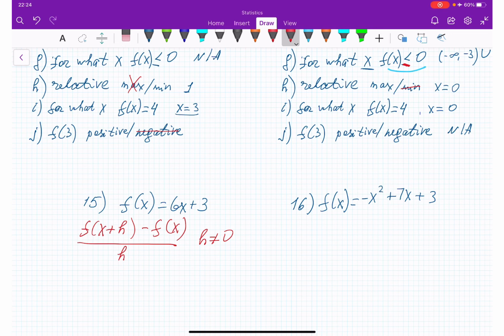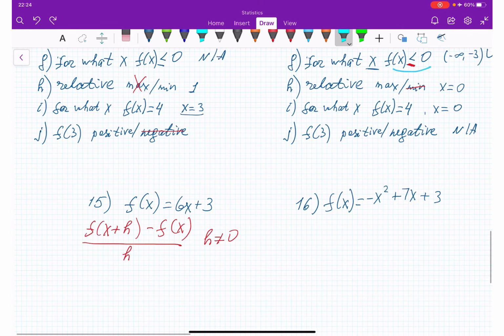So in one case, I'm going to take f of x the way we have, okay? And in another case, I am raising x by h. Not a value of h, just h. We are not given any value of h. And we're going to see what result we get. Let me do it.